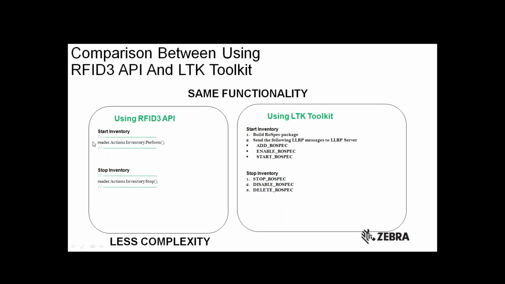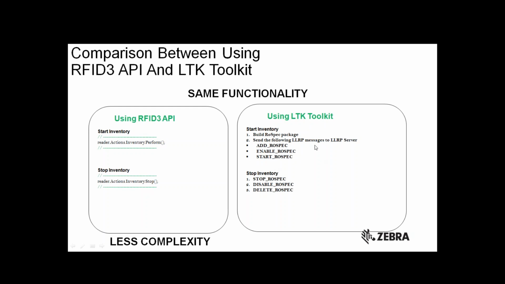If you were using the RFID3 API, all you have to do is open the reader, create the object for inventory, and just perform. And once you're done, just stop the inventory. Essentially just two lines of code. If you were to do the same thing with LTK, which you definitely can, there are a few additional steps that have to be done.